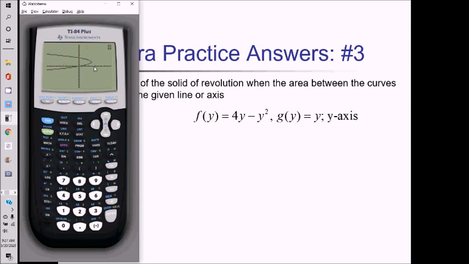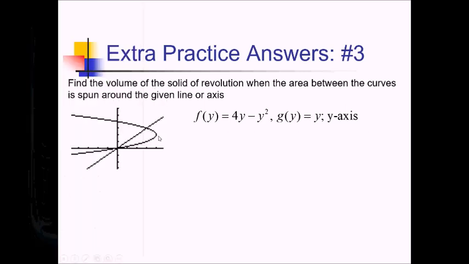Now let me quit out of there and yank my input from before. Now I'm going to do draw inverse alpha trace y2. So this gives me this g of y function here. So that's what I'm looking at. I'm trying to take this area in here and revolve it around the y-axis.